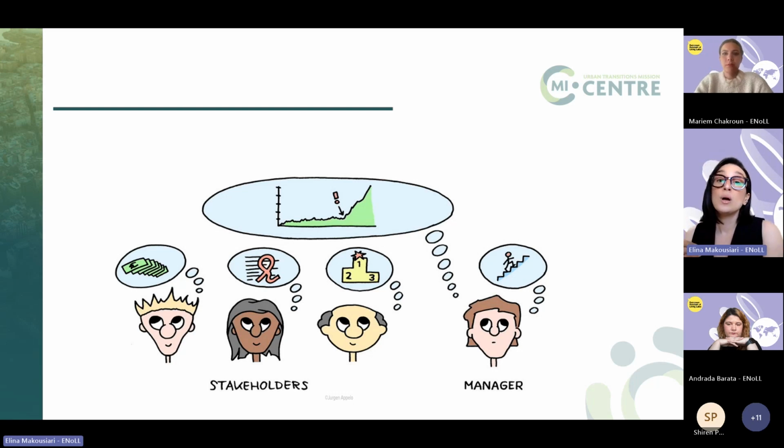But you also need to understand what hidden agendas they might have, because this might lead to potential conflict. So you should be able to detect this in advance and have a plan B, and see how you should act in case any conflict arises.